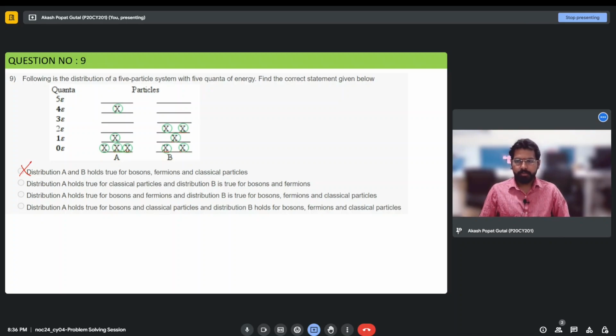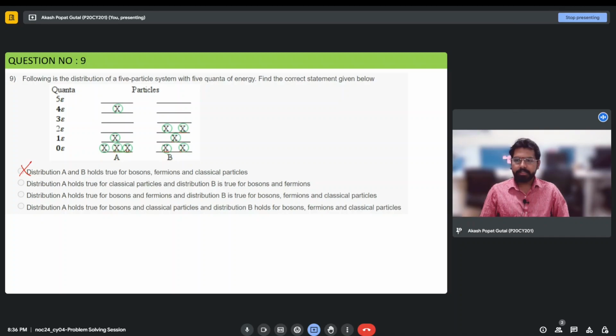Why? Because classical particles can occupy any energy level, in any number. And distribution B, if you see, is true for bosons and fermions. So let's hold this statement.